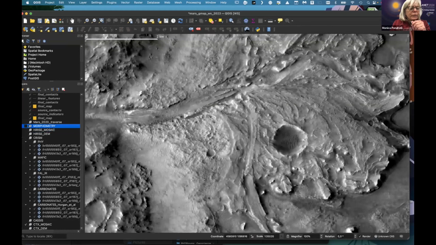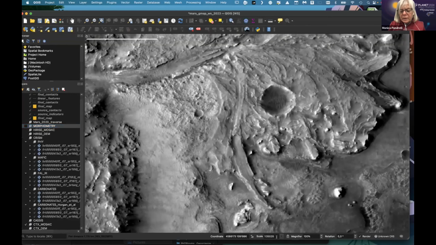Then you have the layer on the morphometry, but this one, I think it can stay there also with the transverse, because we will have a look at this in the afternoon. Now, let's think about the scale.